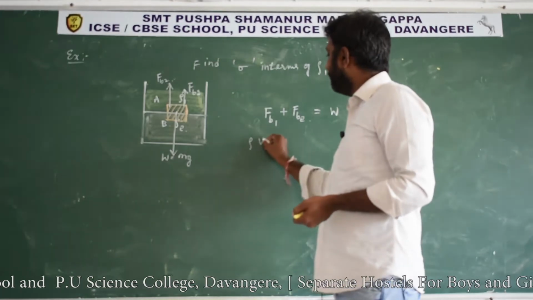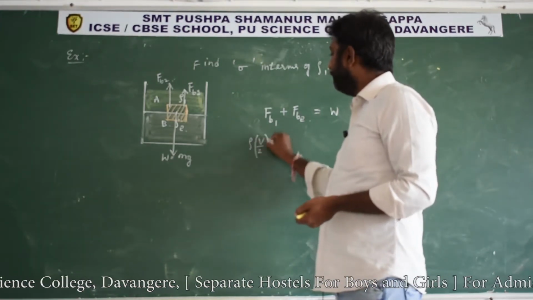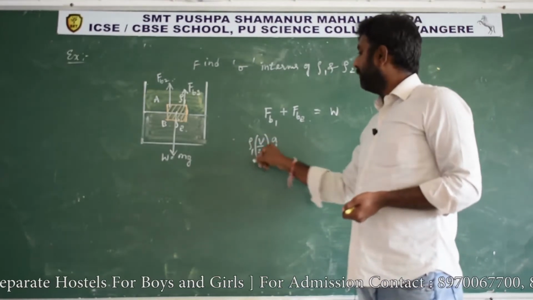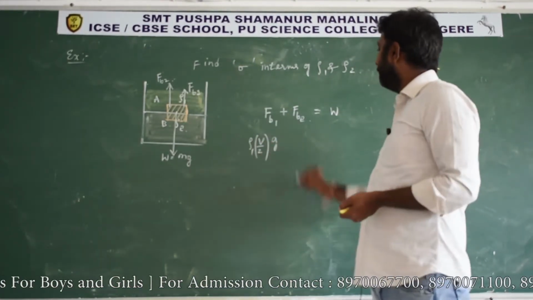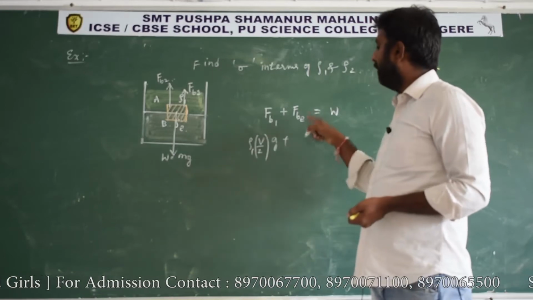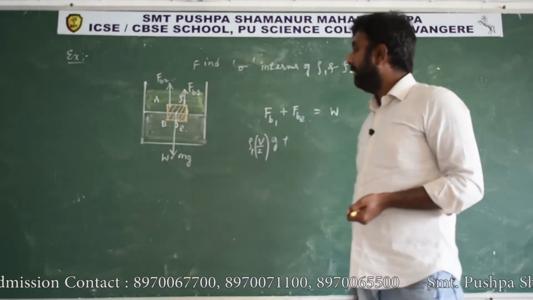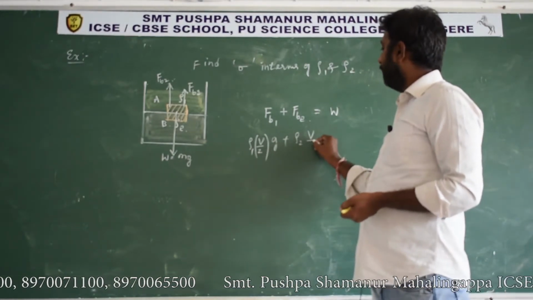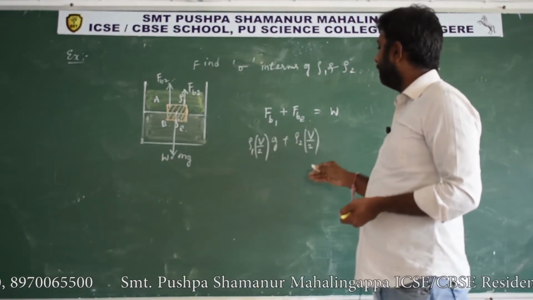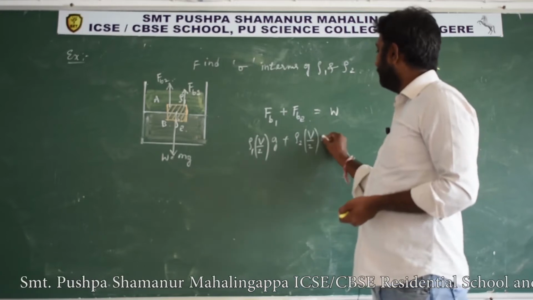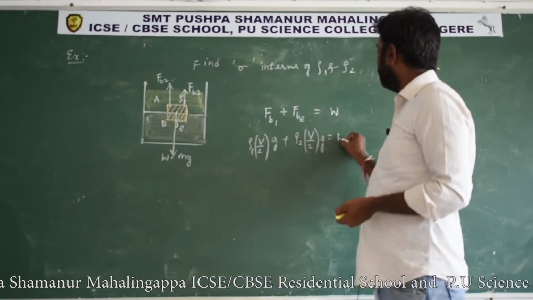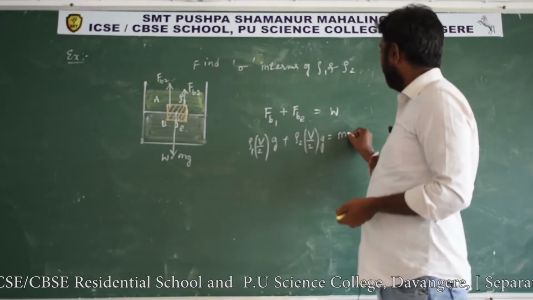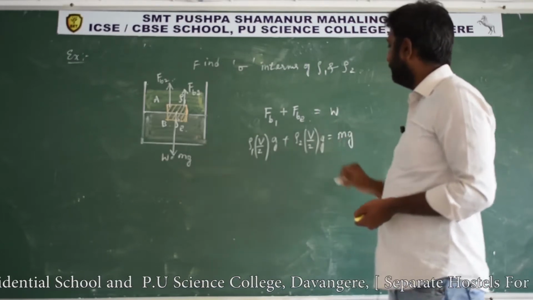So here I will consider V by 2 in the place of volume, rho V G. Here the density is rho 1, plus the force of buoyancy due to the second liquid, B liquid. I will write rho 2 V by 2, why? Because the remaining half is present in B liquid, into G. This should be equal to the weight. Weight means that is M into G, I can write.